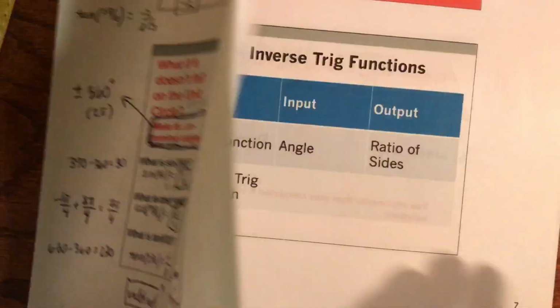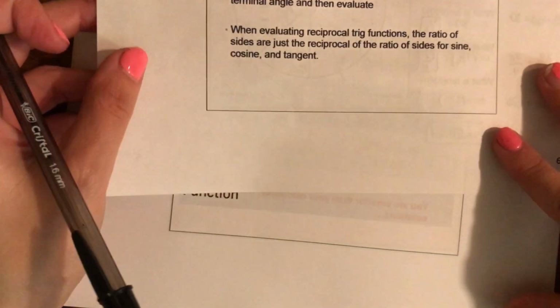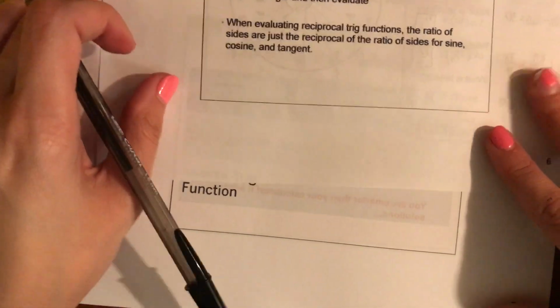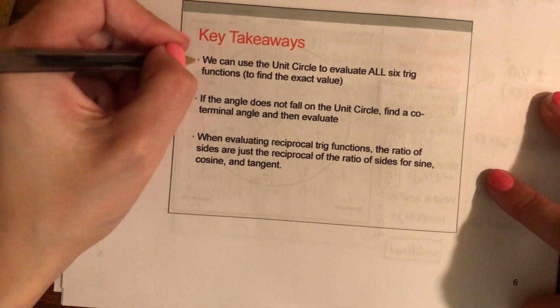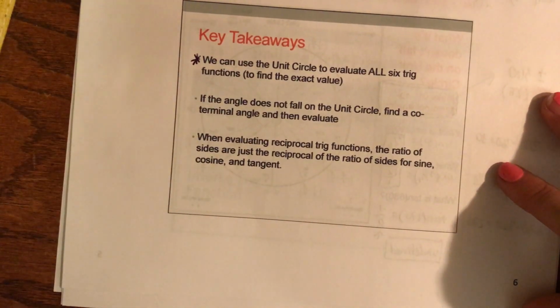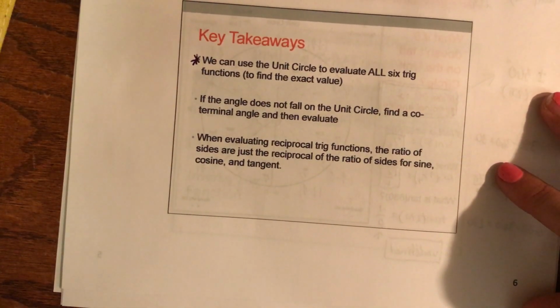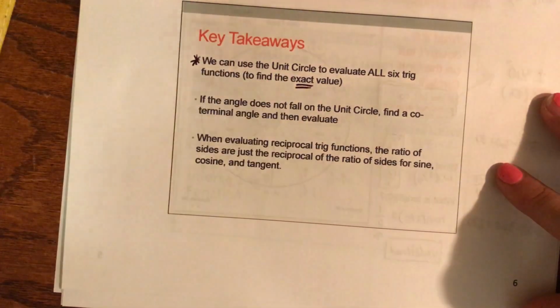Okay? Alrighty. So let me just go through a few key takeaways here. We can use the unit circle to evaluate all 6 trig functions. They will give us the exact value, okay?